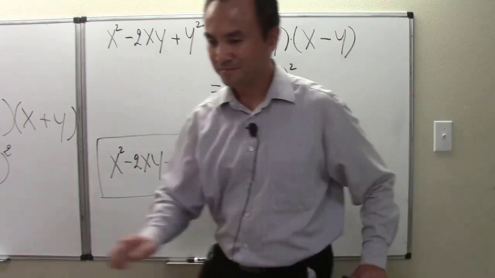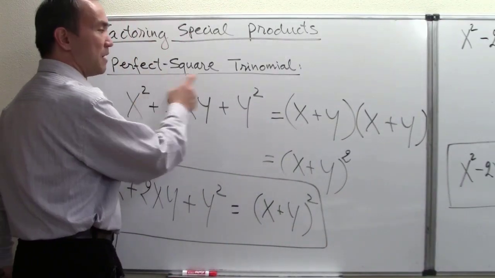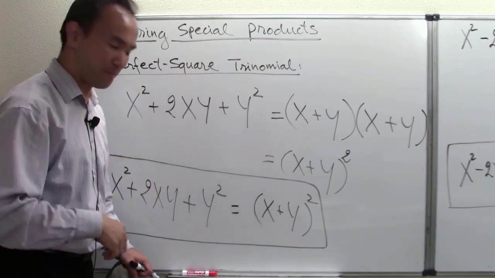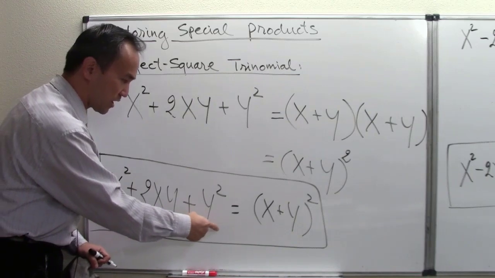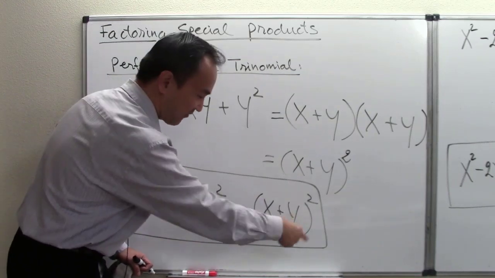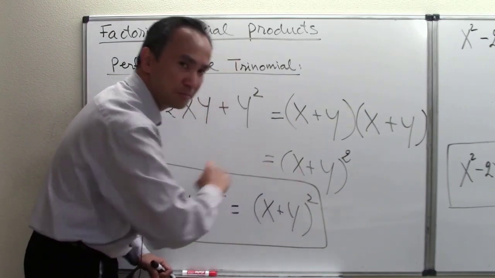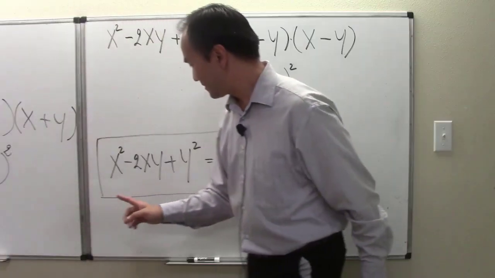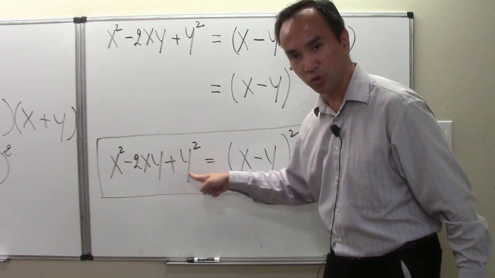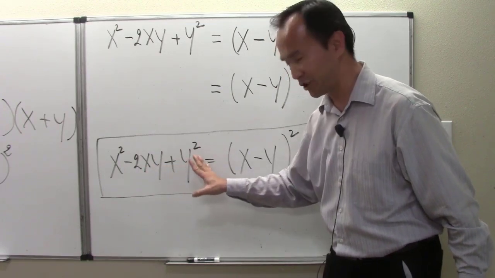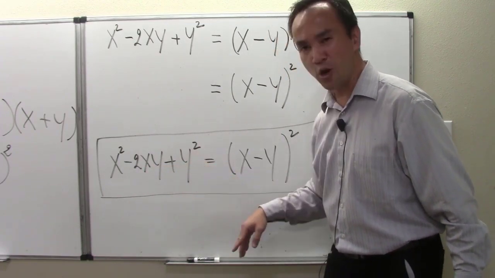So now among the perfect square trinomials, there are 2 of them. One of them is x squared plus 2xy plus y squared that can be factored, in factor product, into x plus y all squared. And another one, x squared minus 2xy plus y squared. We got 2 separate trinomials right here.